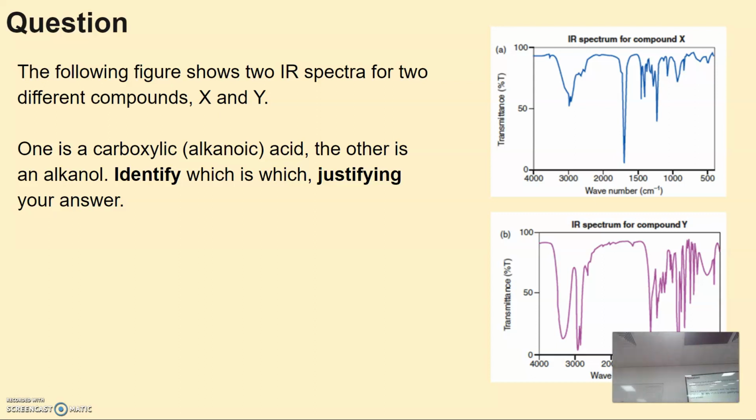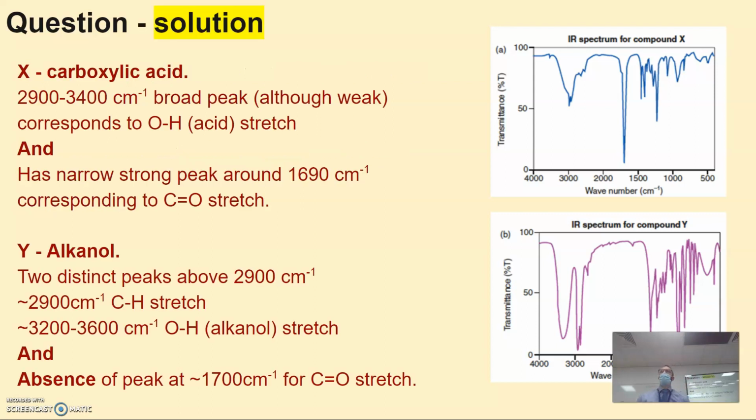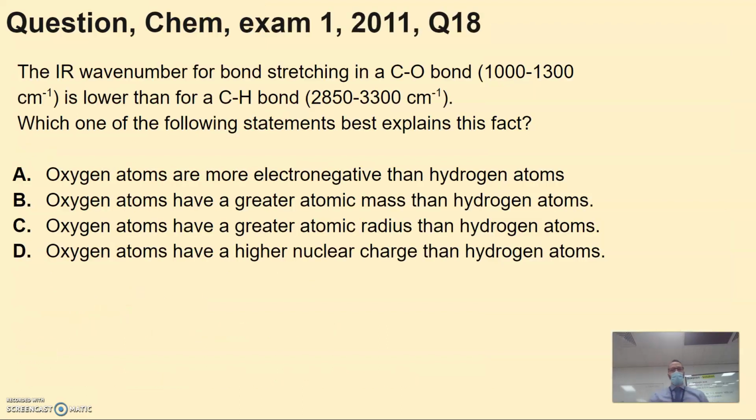Broad peak here with the presence of C double bond O. Here, narrow peak here with the absence of a peak at around 1,700. Yeah? That's why it's not an acid. So that's what I would be looking for in a response. The absence of a peak means it cannot be an acid. Yeah? Cool. So two things, broad peak and strong peak around 1,700. Two distinct peaks above 2,900 and the absence of the peak gives us the answer.